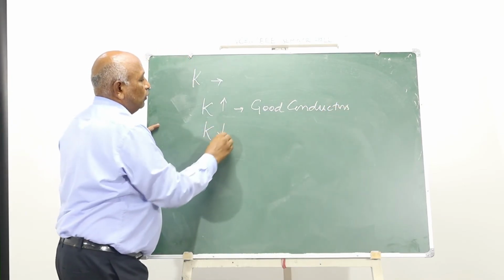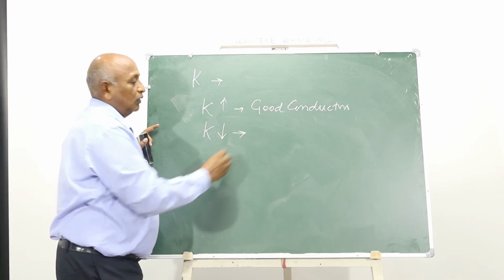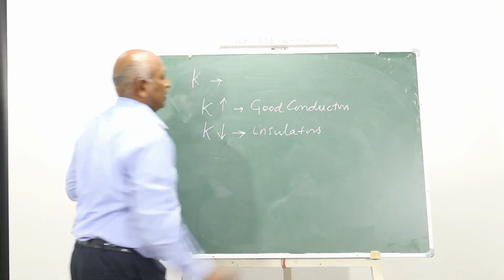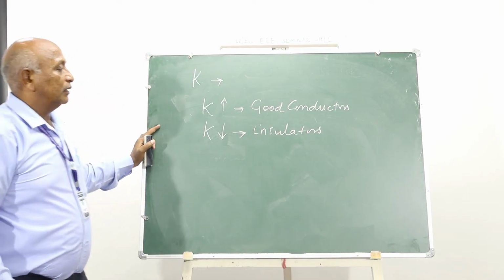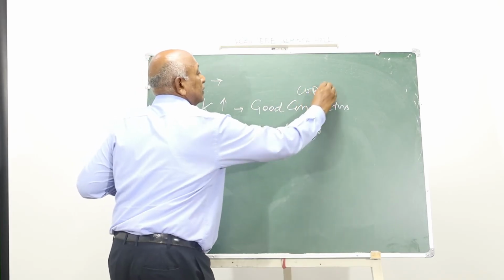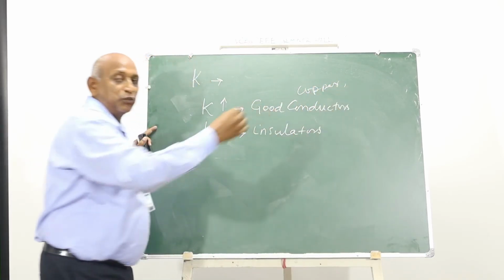Those materials which have low thermal conductivity values are called insulators. For example, good heat conductors are copper, silver, aluminium and so on.